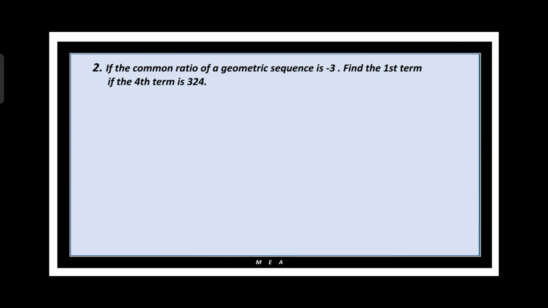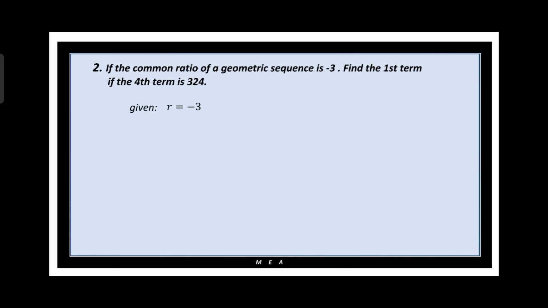Number 2, if the common ratio of a geometric sequence is equal to negative 3, find the first term if the fourth term is 324. So, ang given natin dito is r equals negative 3. So, meron tayong common ratio na negative 3.